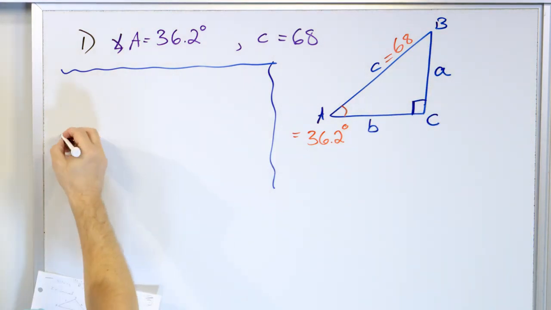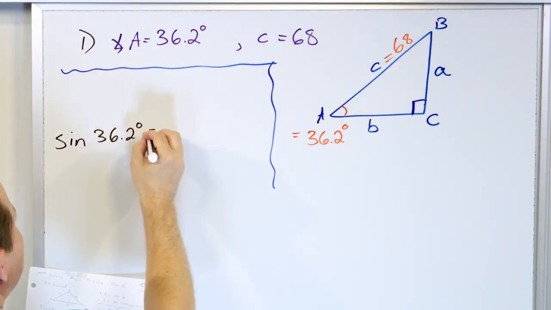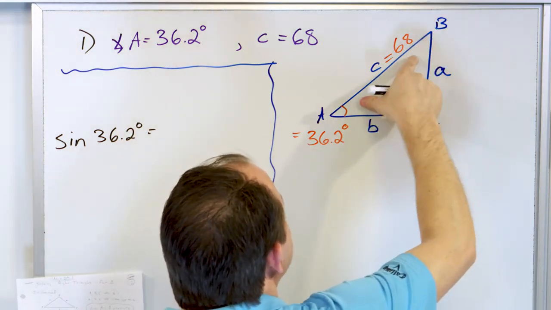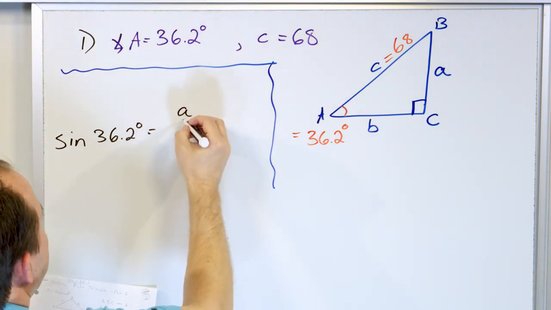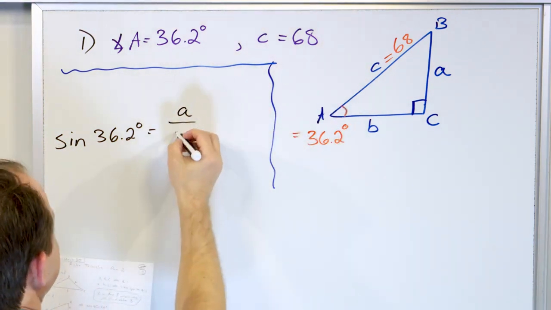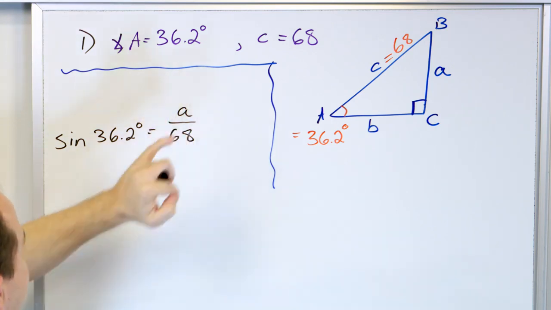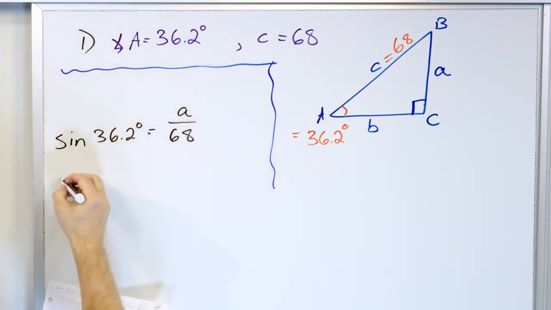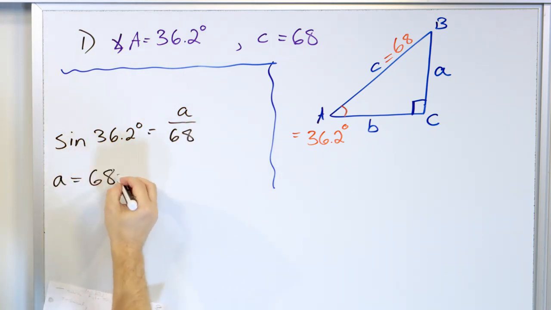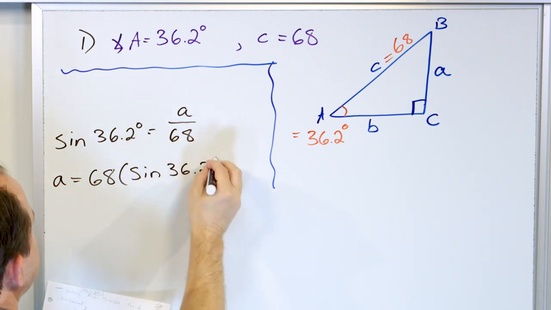How? Because you know that the sine of 36.2 degrees has got to be equal to the opposite side divided by the hypotenuse. Opposite over hypotenuse, that's what the sine is. So A over C, but I know that C is 68, right? So this is going to be a number, this is a number, and so then I can solve for A. How do I solve for A? I need to multiply by 68. So A will be 68 multiplied by the sine of 36.2 degrees.